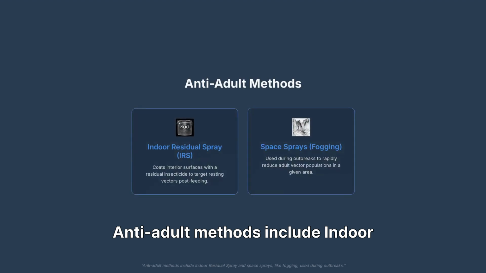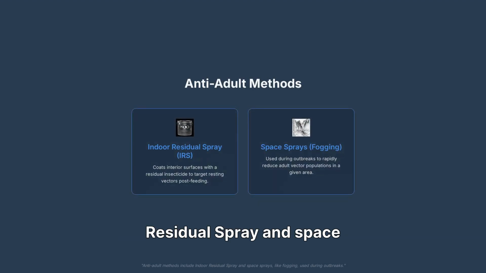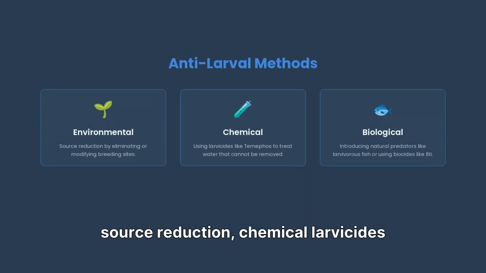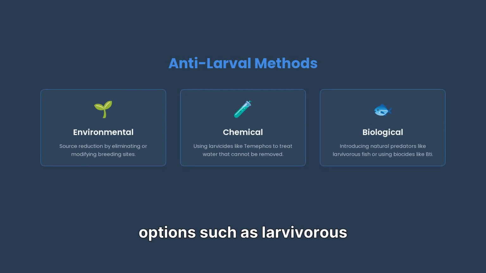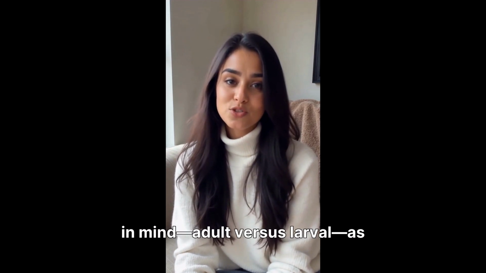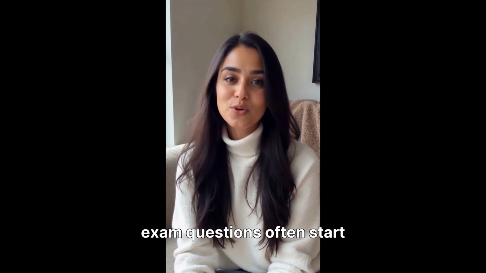Anti-adult methods include indoor residual spray and space sprays, like fogging, used during outbreaks. Anti-larval methods include environmental source reduction, chemical larvicides like Temephos, and biological options such as larvivorous fish and Bacillus thuringiensis israelensis. Keep that simple split in mind, adult versus larval, as exam questions often start there.